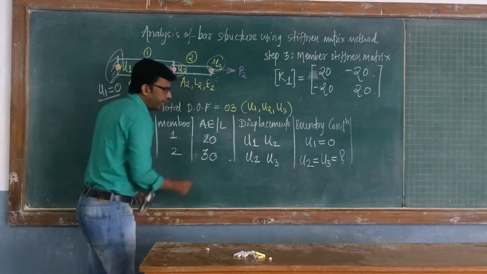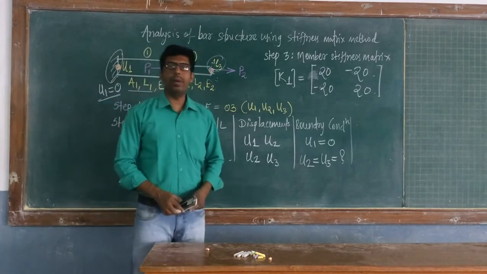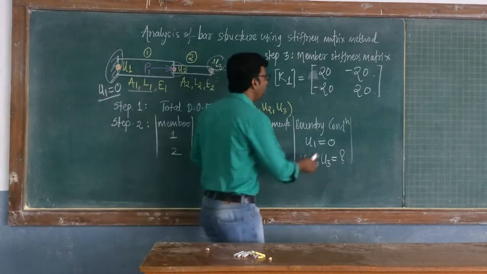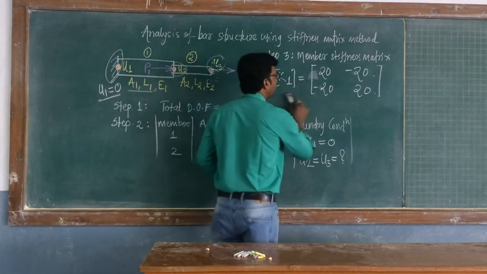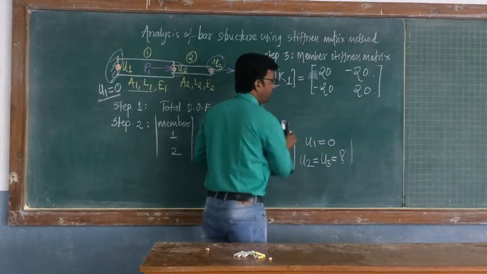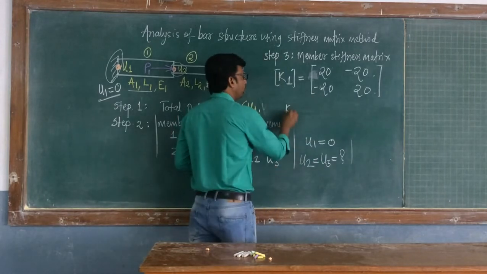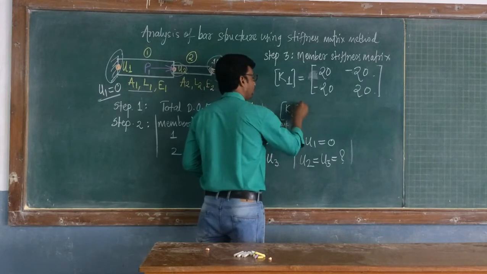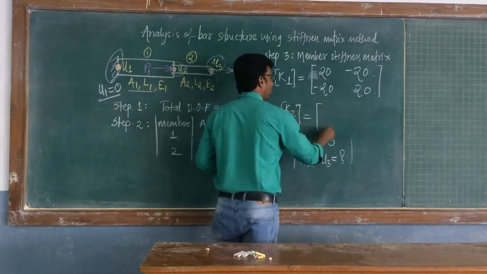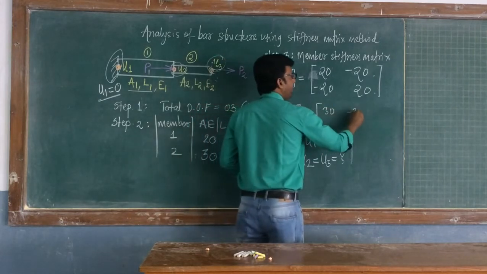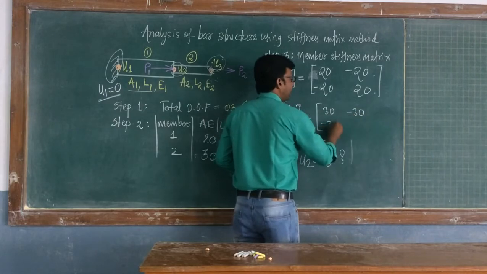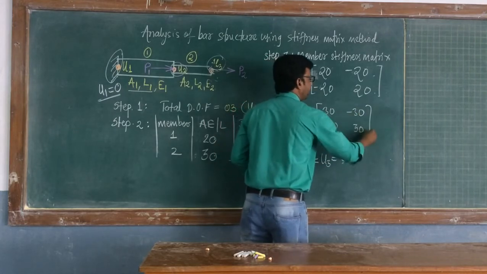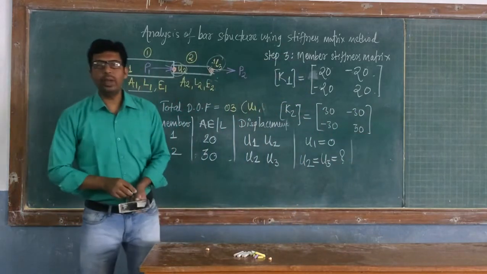Similarly, suppose A by L for the second member is 30. Then K2 will be equal to 30, minus 30, minus 30, plus 30.